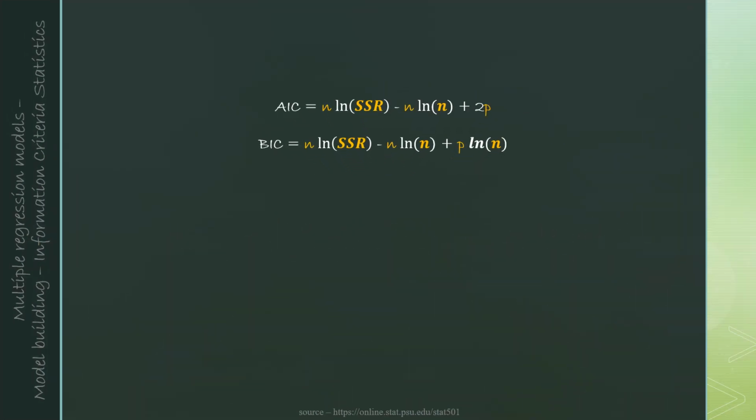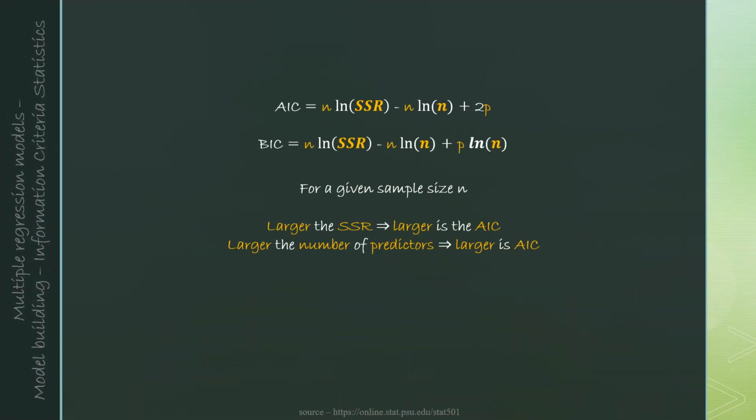As can be seen in the formulas, for a given sample size of n, larger the SSR, larger is AIC, and larger the number of predictors included in the model, larger is AIC. While larger SSR indicates an underfitted model, larger number of predictors indicates an overfitted model.